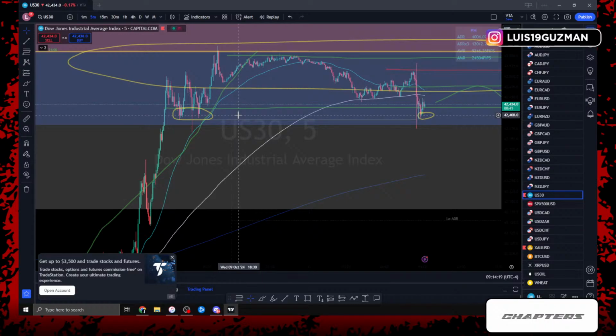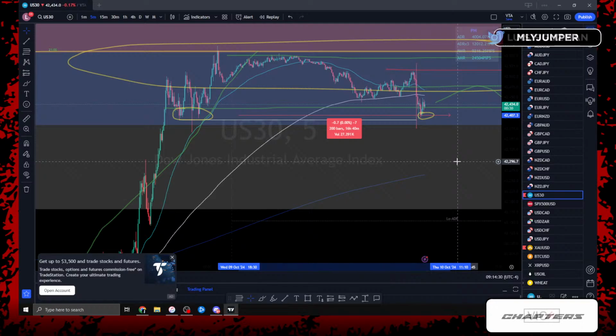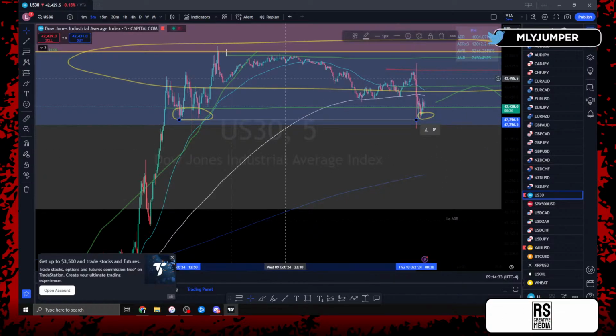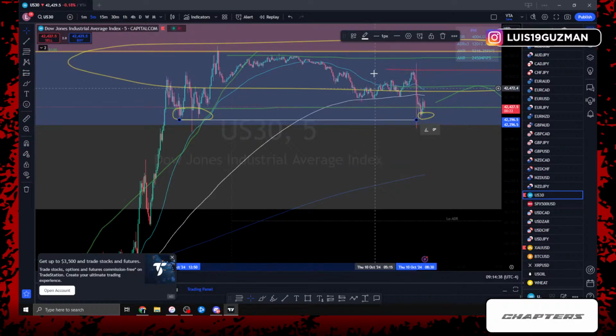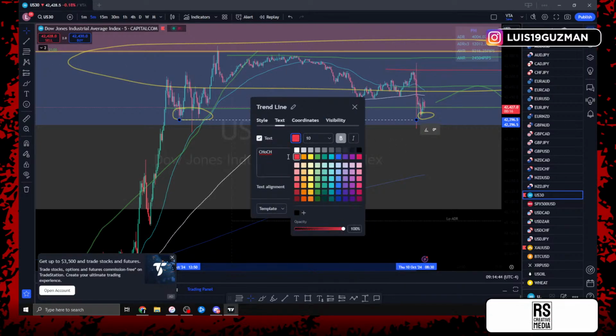No, we never did. So with that being said, once again, I can't even say that this is a strong change of character and we're gonna start going short. I can't say that, right? Because it's not true. Price never broke below the zone.